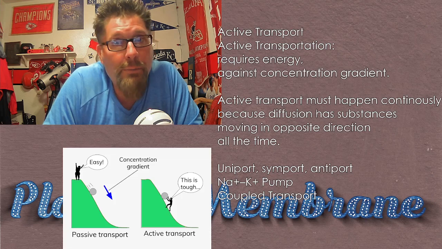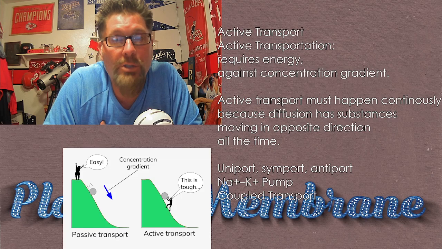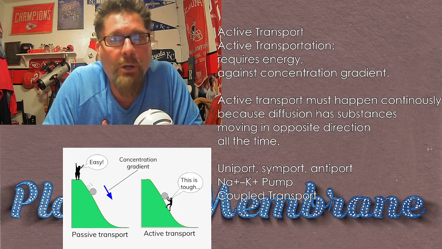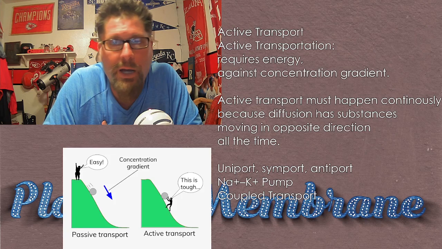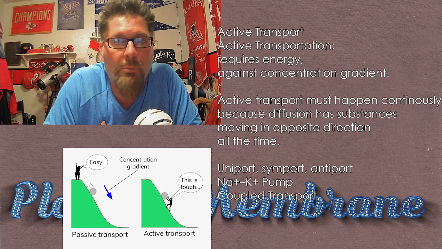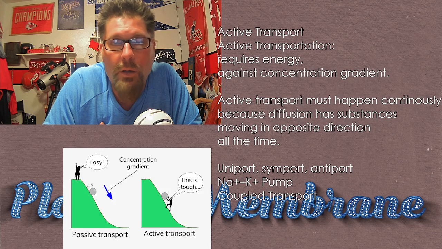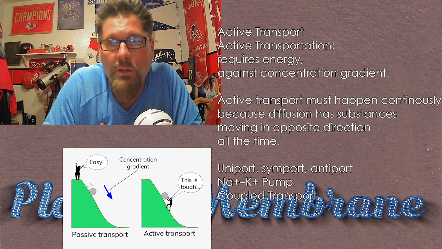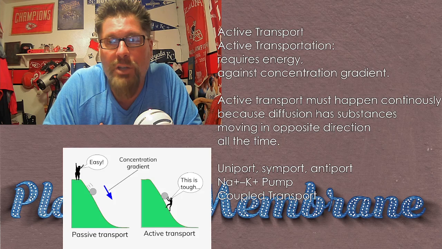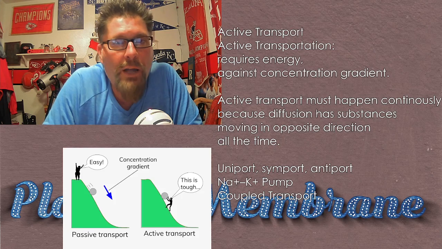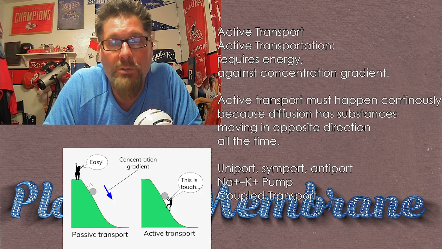Another thing to think about with active transport is that it has to be happening all the time, because diffusion is constantly moving substances back and forth, trying to equalize everything, whether it's a particular element or molecule, or because of the electrical gradient, ions, positive or negative, inside or outside of the cell. Because diffusion is doing all of that, active transport has to be moving to keep things in check all the time.